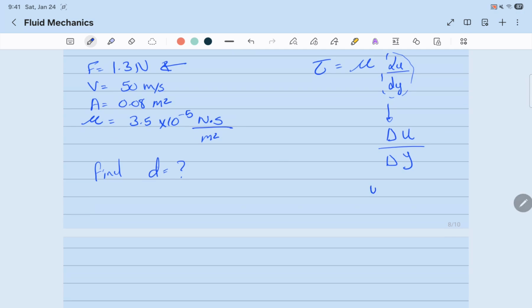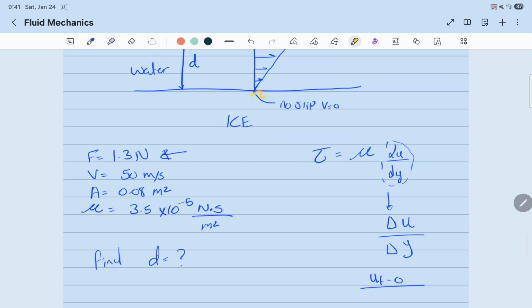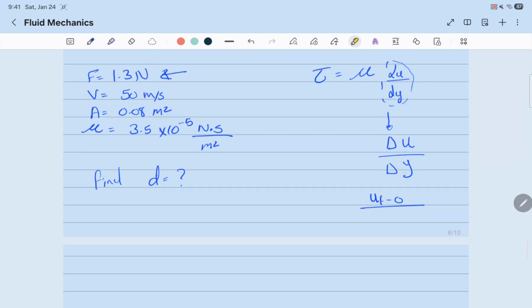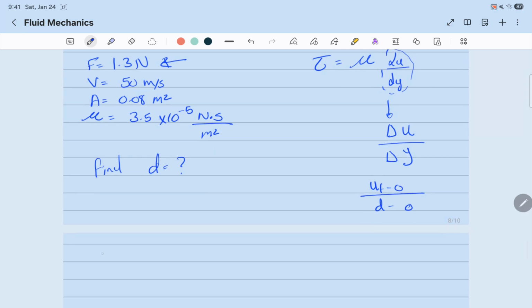Therefore, it will be the final velocity minus the initial velocity, which is 0 because we're assuming the velocity at the surface is 0, no slip, divided by the final height, which is d, minus the initial height, which is 0. Therefore, we can say that shear stress equals viscosity, mu, times the final velocity v, as given in the problem statement, divided by d.